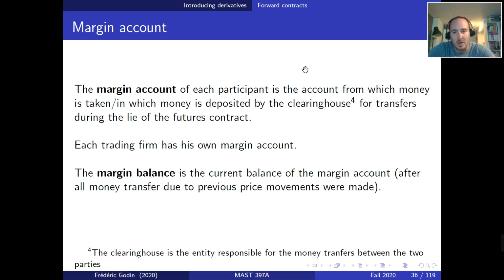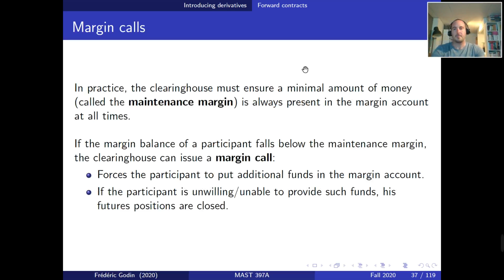Now we will introduce the concept of margin balance. So the margin balance is the current balance of the margin account after all money transfers were made due to previous movement of prices of the underlying asset. Okay, so the margin balance simply means how much money do you have left in your margin account. Again, these concepts are just to give an overview of how these things function in practice.